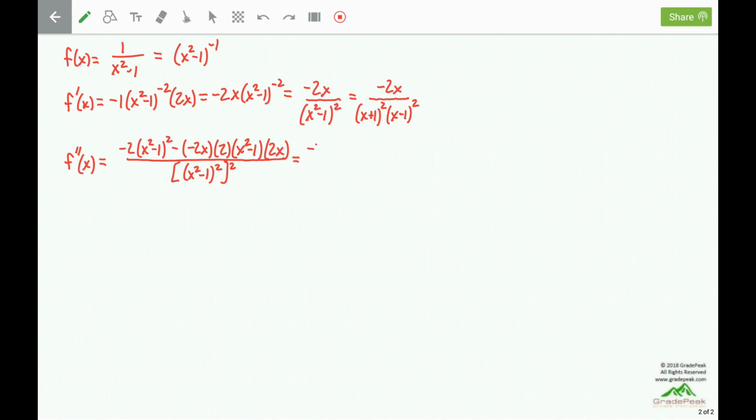In the numerator, we will leave the first term as is. The second term, we want to bring all the constants together. We have a negative implied 1, a negative 2, a positive 2, and a positive 2. Negative times negative 2 is positive 2, times another 2 is 4, times another 2 is an 8. So it'll come out to a positive 8.